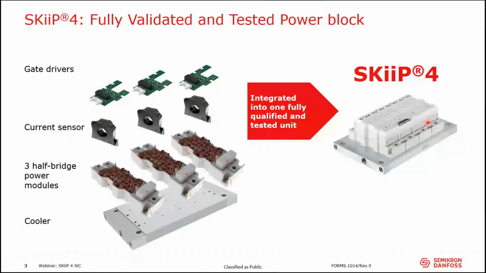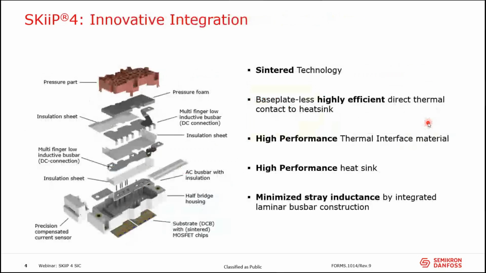And today we will talk about the SKiiP 4 SiC version. The design of SKiiP 4 is dedicated for applications with higher voltage. We have a lot of technology advantages inside, so that the 1500 volt application with silicon carbide MOSFETs can be implemented successfully.